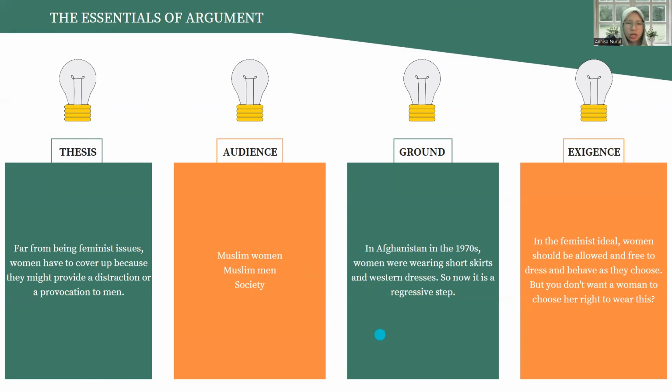So now it is a regressive step. The exigence here is in the feminist ideal, women should be free to dress and behave as they choose. But you don't want a woman to choose her right to wear a full face veil.